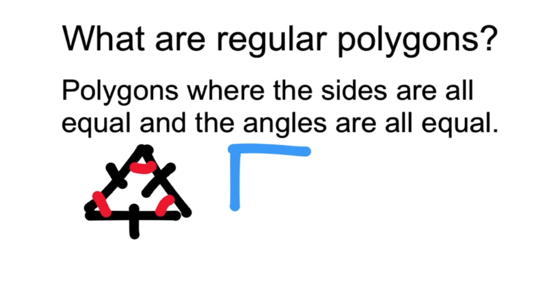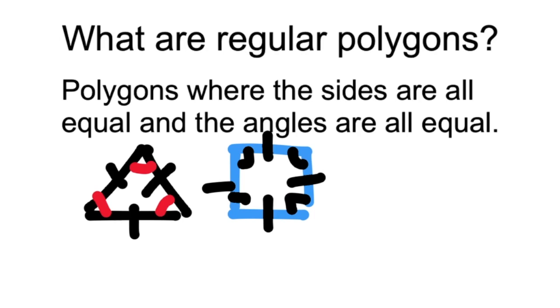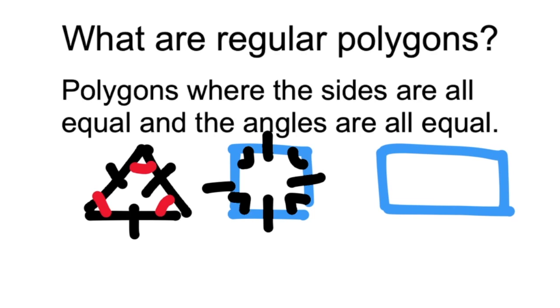A square is a regular polygon because it has 4 equal sides and 4 right angles. A rectangle is not a regular polygon because all the sides are not equal.